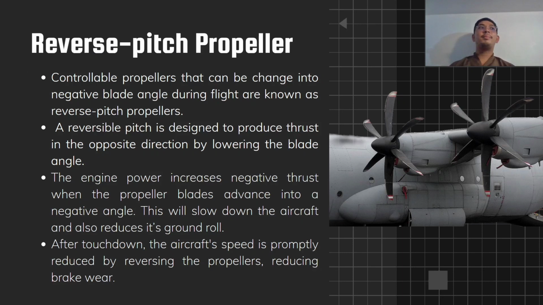At the same time, the reverse pitch propeller can also help the aircraft taxi on the ground because, since this is commonly found in big aircraft, taxiing the whole aircraft will be difficult. Therefore, reversing the pitch is also necessary for it to taxi on the ground.